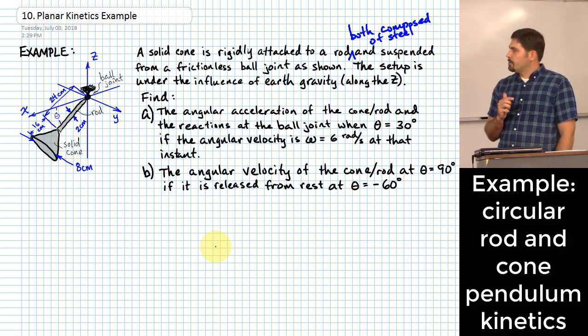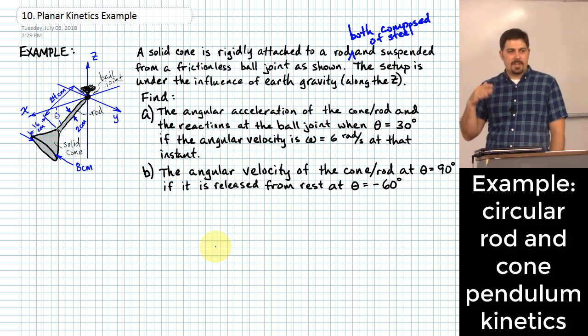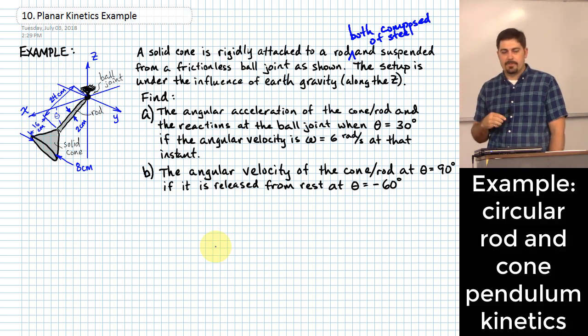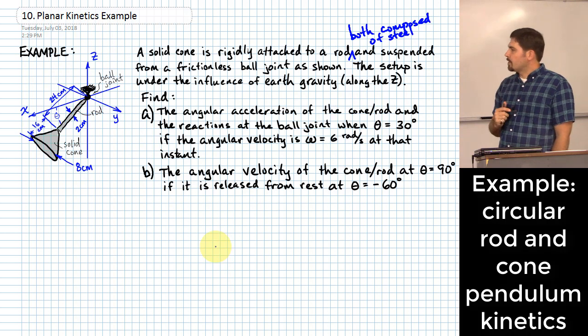Second part, what we're going to do is try to figure out what the angular velocity is of the cone and rod when it reaches 90 degrees. This is a completely separate problem. This is not based on the parameters given in the previous part. This is what if you took this assembly and released it from rest when theta was equal to negative 60 degrees. Where would that be located?